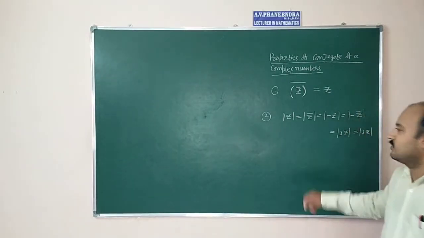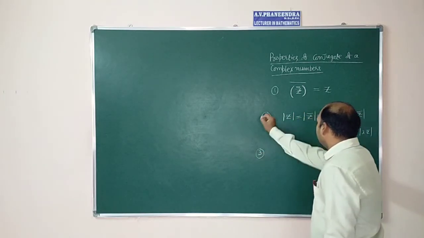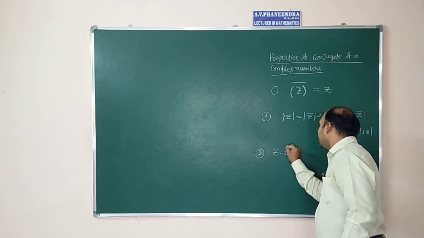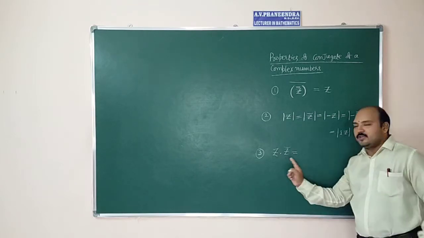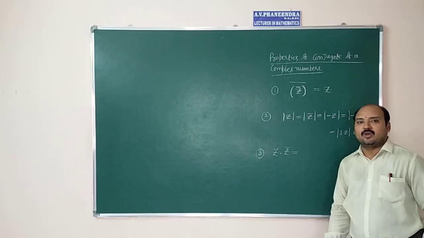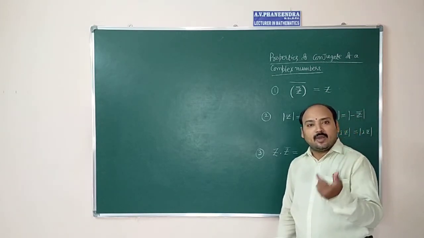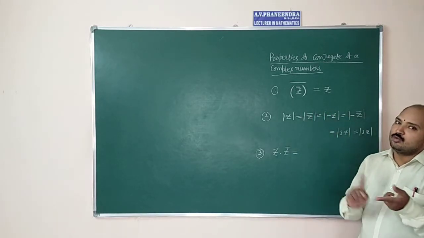Next property, so third property, z into z bar. z means x plus iy, z bar means x minus iy. (a plus b) into (a minus b) is a square minus b square. That means x square minus (iy) whole square. i square means minus 1, so minus into minus is plus.